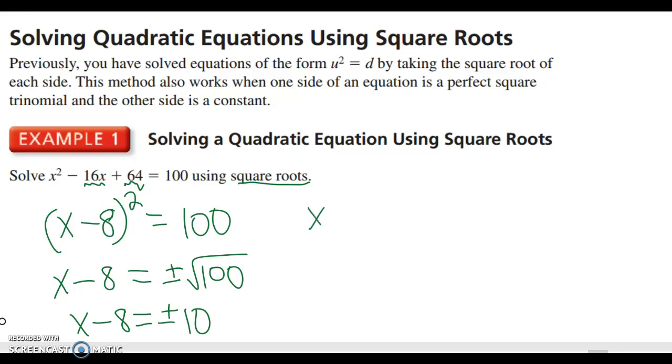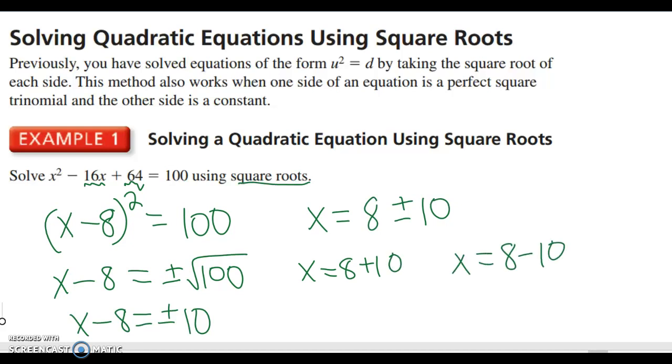When I do this, I get x equals 8 plus or minus 10. So my one answer will be 8 plus 10, and my other answer will be 8 minus 10. So what are my two answers? So I should get 18 and negative 2.